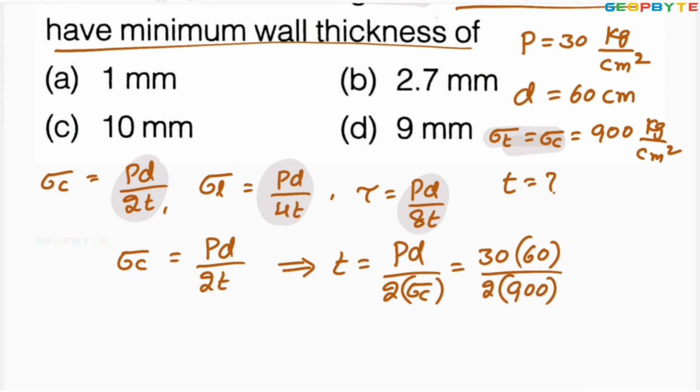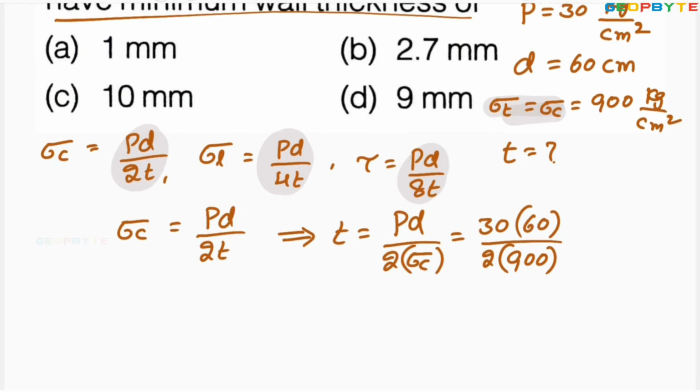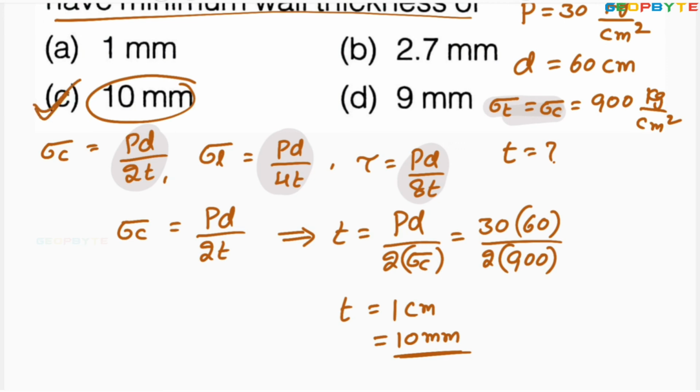You simplify this value. The thickness of the vessel required is equal to 1 centimeter, which is equal to 10 millimeter. Therefore, the answer is 10 millimeter. Option C is absolutely correct. I hope you got my point. Let us take one more problem.